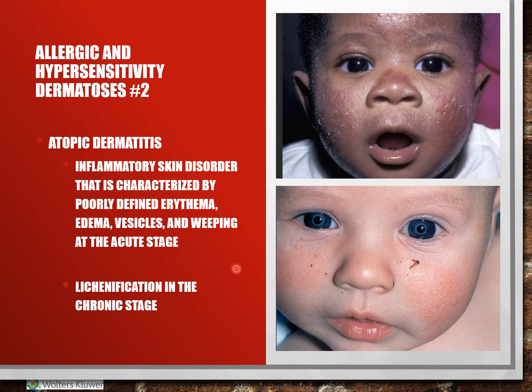They can also experience things like edema, vesicles, and vesicles that even weep or open up and seep fluid, especially in the acute and early stages of eczema. This disorder, atopic eczema, is viewed as a skin disease that often predisposes patients to allergies.